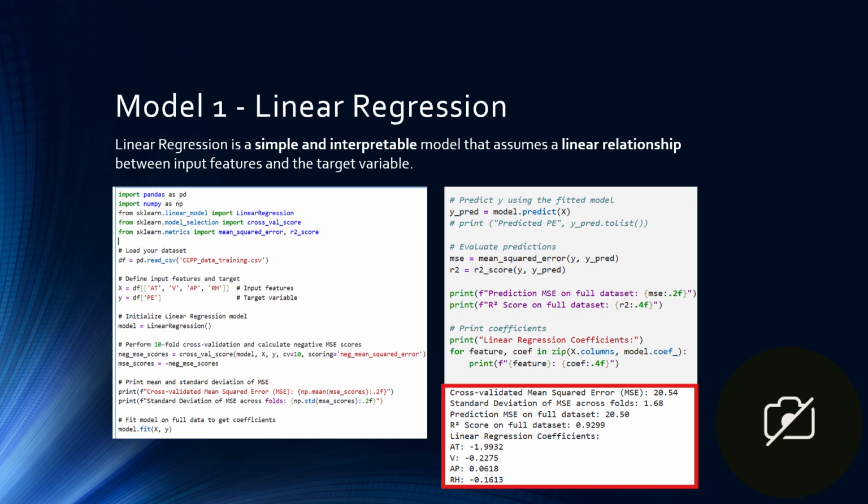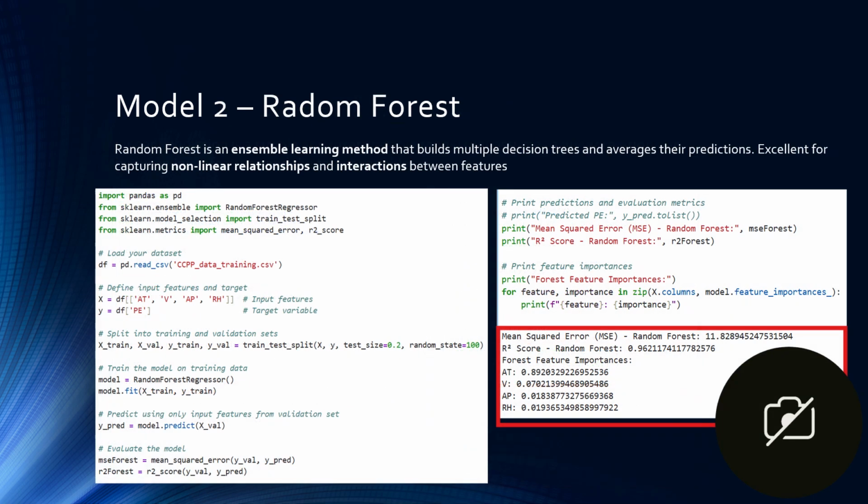Now moving on to the second model, which is the random forest. I have taken the random forest as it is an ensemble learning method that builds multiple decision trees and averages their predictions, and this is excellent for capturing non-linear relationships. Since I have already considered one linear model, I wanted to take a non-linear model just to see which one performs better.